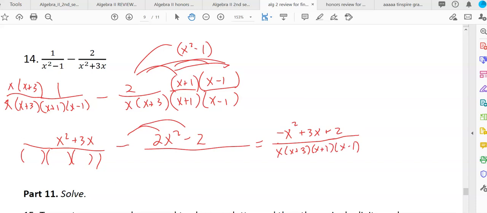And now I'm actually thinking maybe this actually factors. So I'm going to pull out a negative here. So x squared minus 3x minus 2. Whew. Pick some hard problems for this, huh?